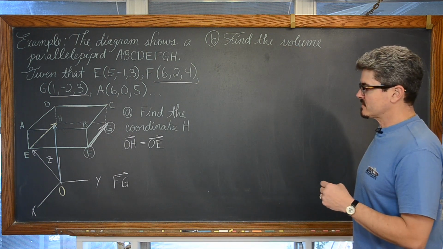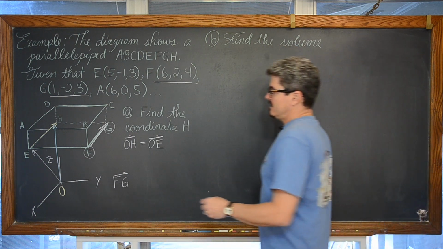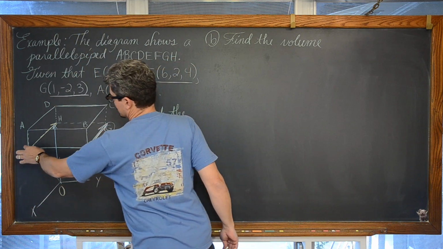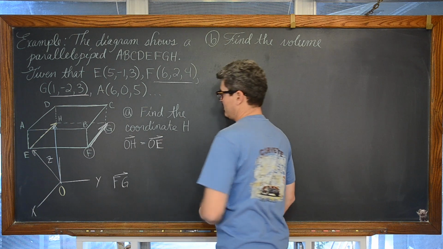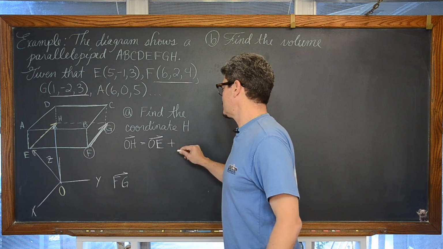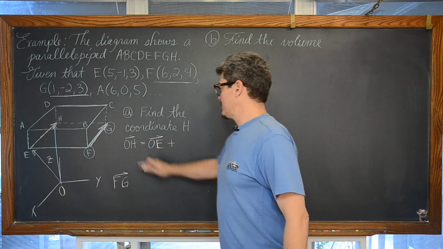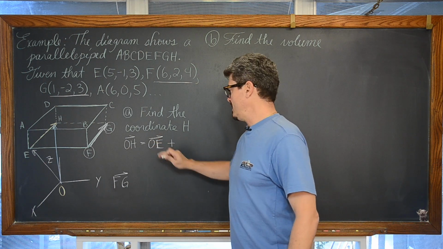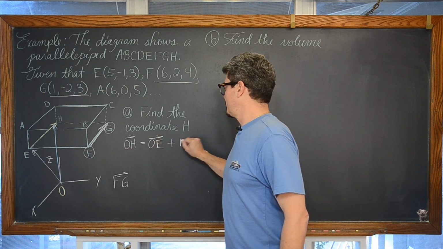If we set up vector FG, then because this is a parallelepiped, vector FG is going to be equal to vector EH, and I will be able to write out that portion of the sum, that vector OH is the resultant vector, or the sum of vector OE and vector EH.